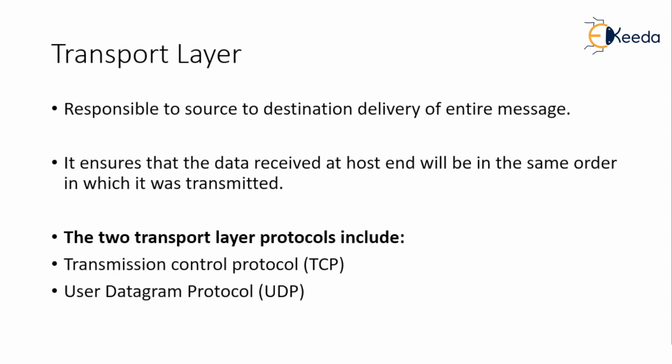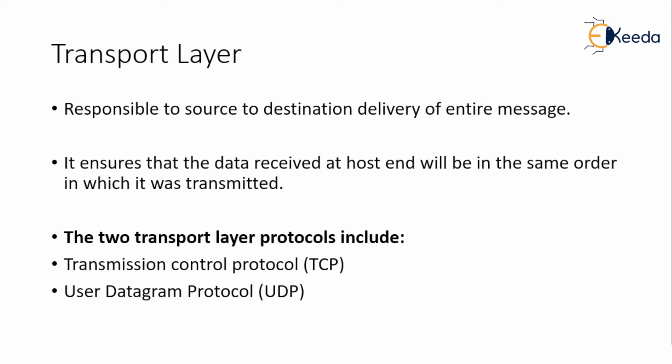This transport layer uses two types of protocols, that is TCP, transmission control protocol, and UDP, user datagram protocol. Firstly, the transmission control protocol is a connection oriented protocol which is also considered as a very reliable protocol in case of the wireless networks.